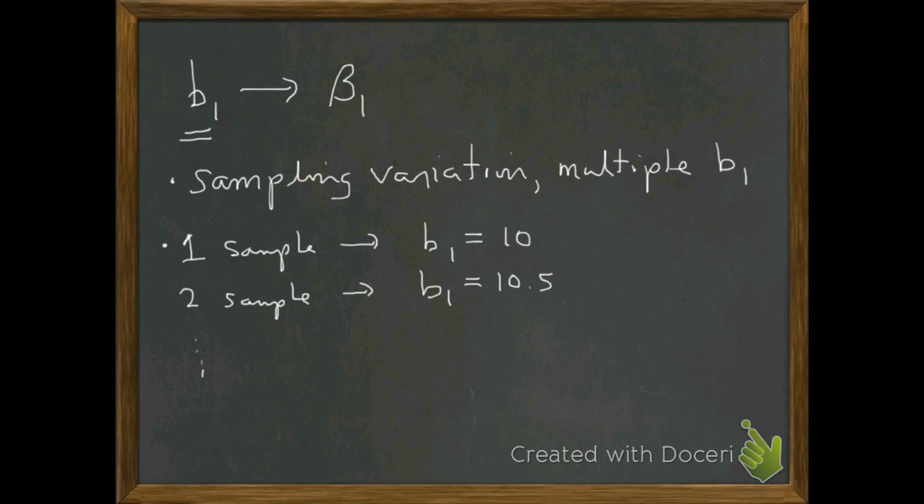And we could do a whole lot of samples. I don't know, we can get really silly here and say our millionth sample may give us a beta 1 equal to 9.2. So guys, anyway, we have a distribution here of B1s.